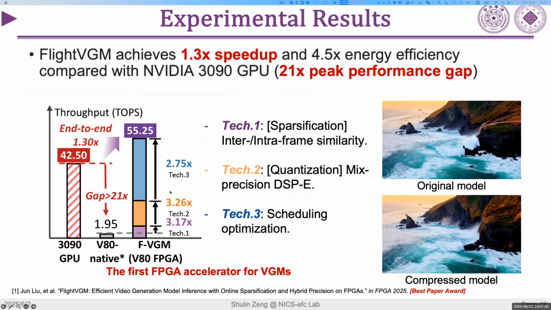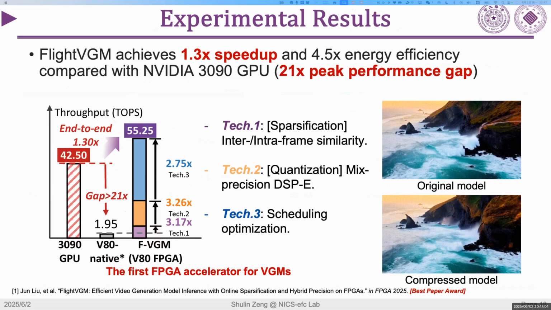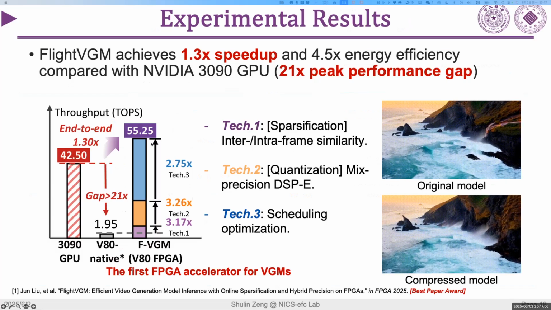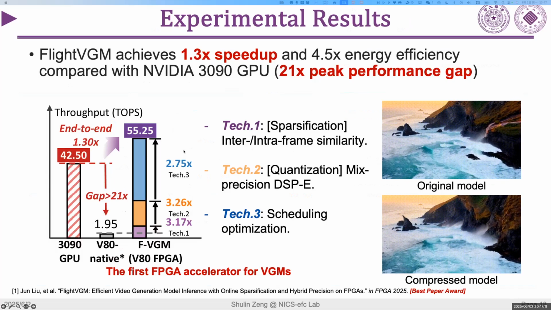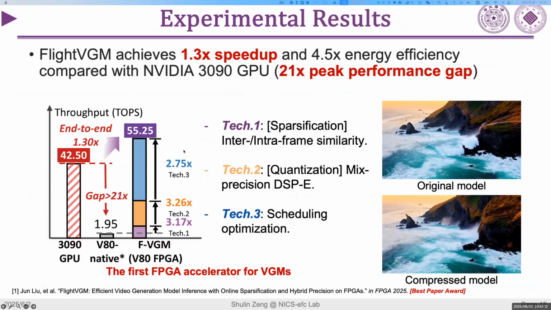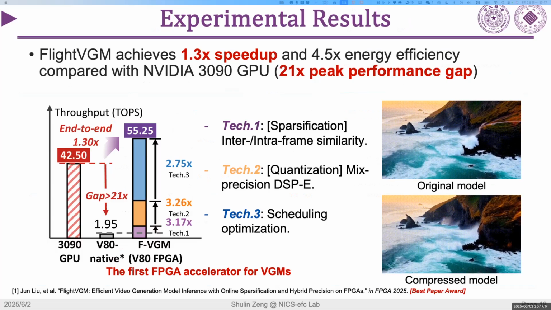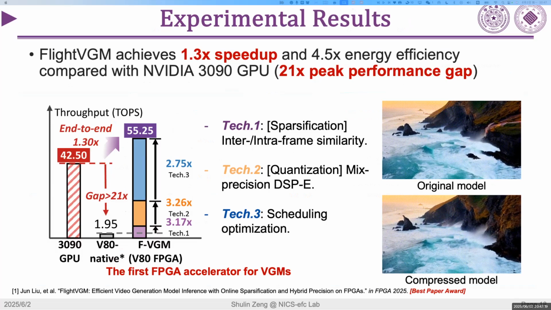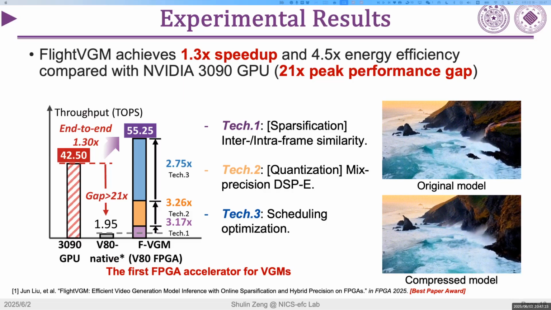When we use our sparsification, quantization, and also the scheduling optimization, we can get about a 29 times improvement compared with the original FPGA design. So we got an end-to-end 1.3 times better throughput improvement.